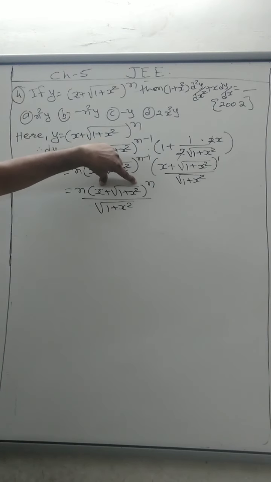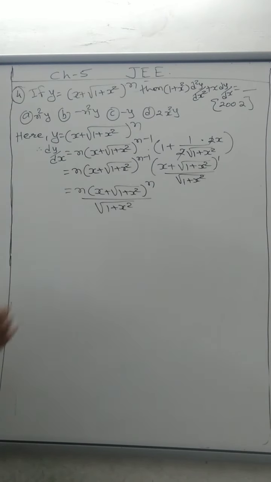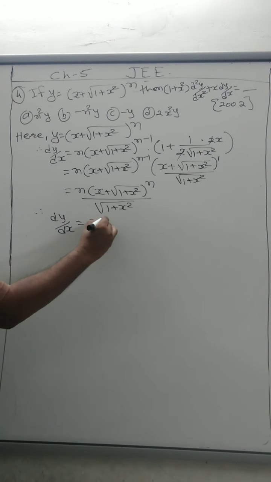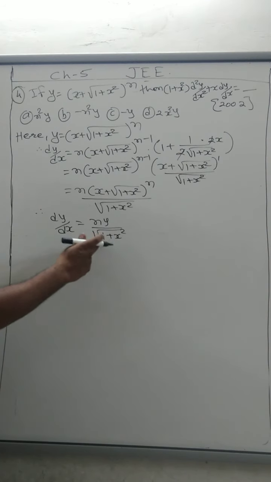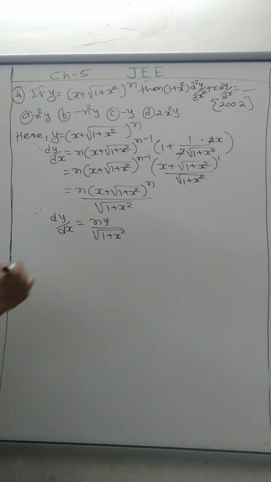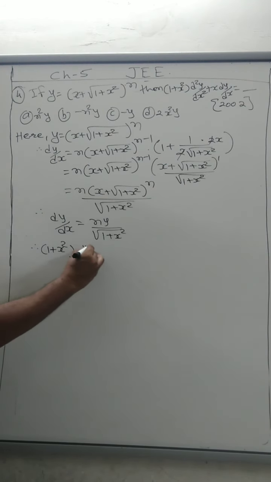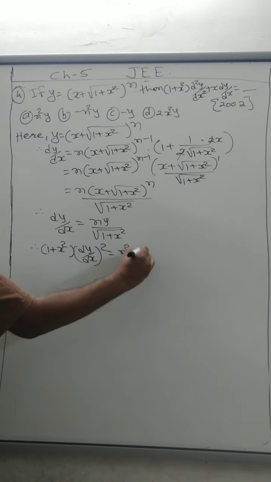This is y. So we can say that dy upon dx is equal to n y upon root 1 plus x square. Now we multiply this root 1 plus x square here and square. We get 1 plus x square into dy upon dx whole square is equal to n square y square.